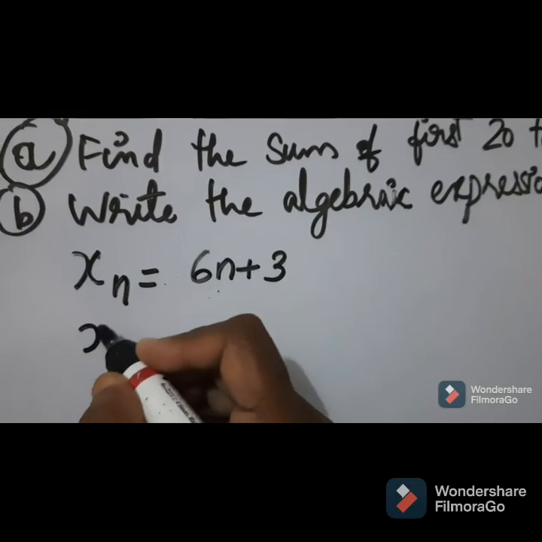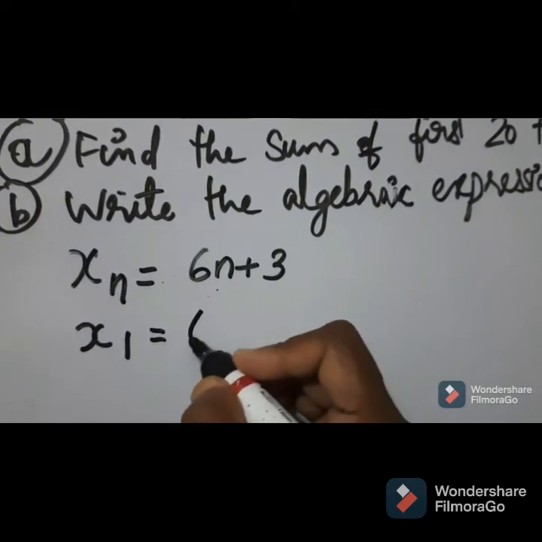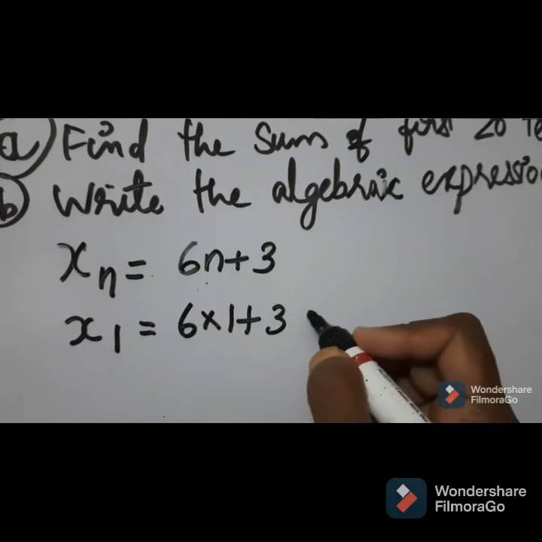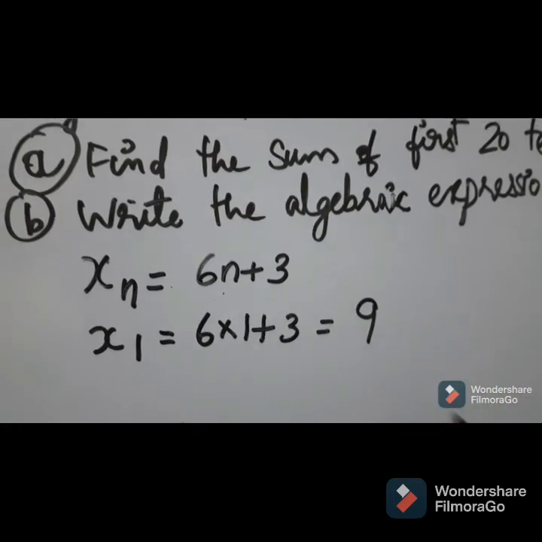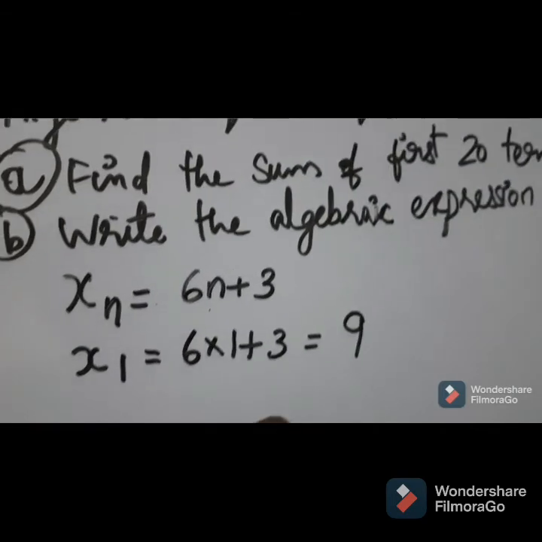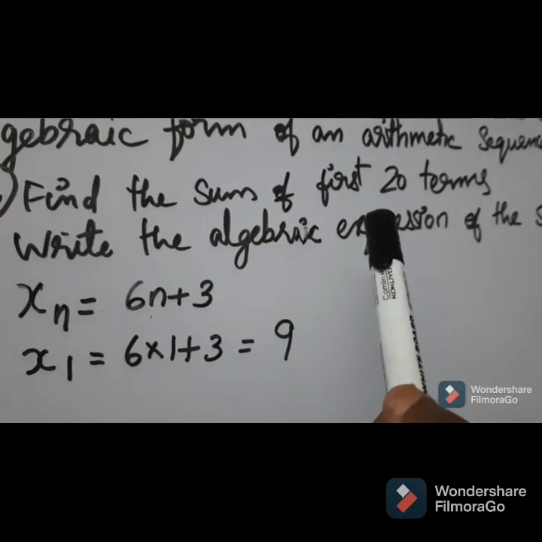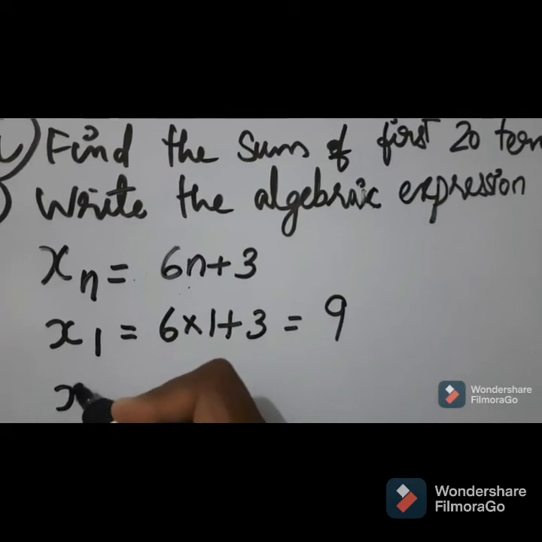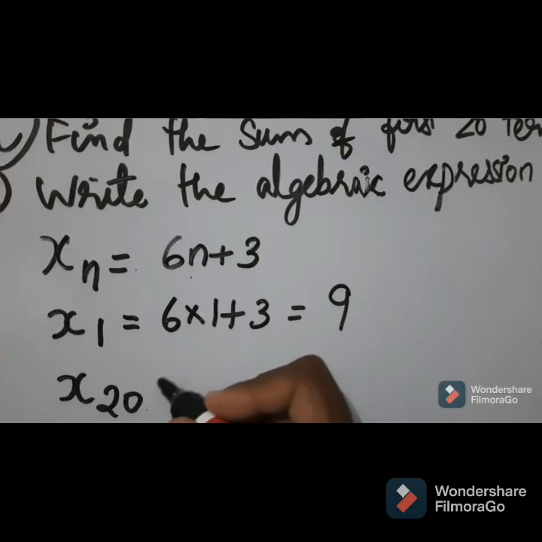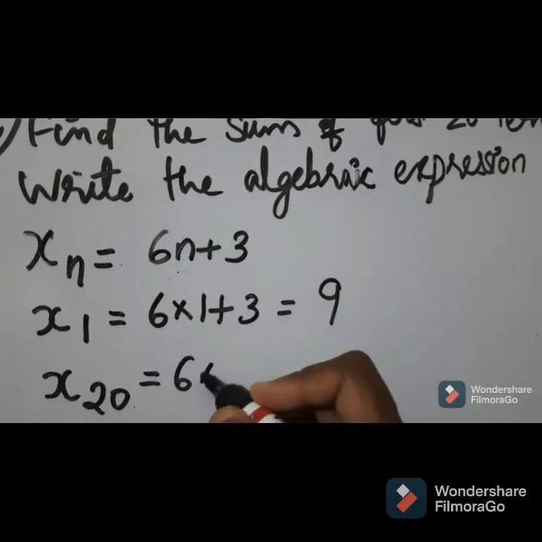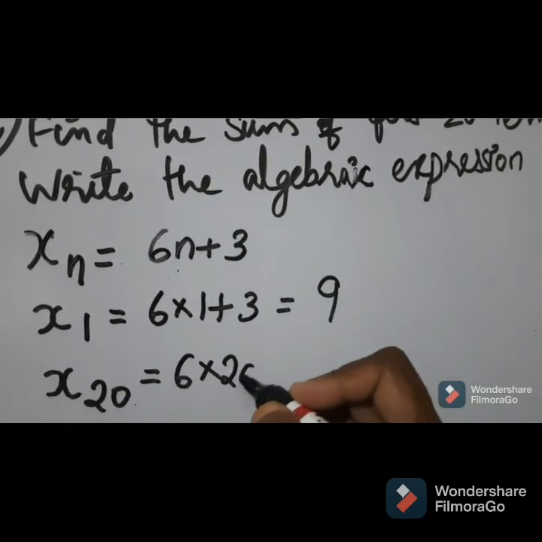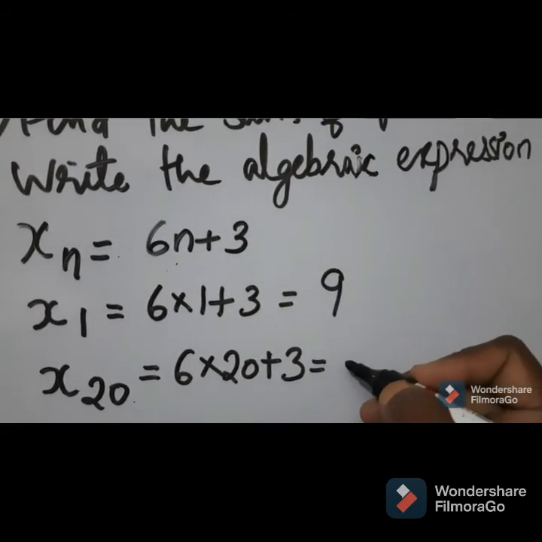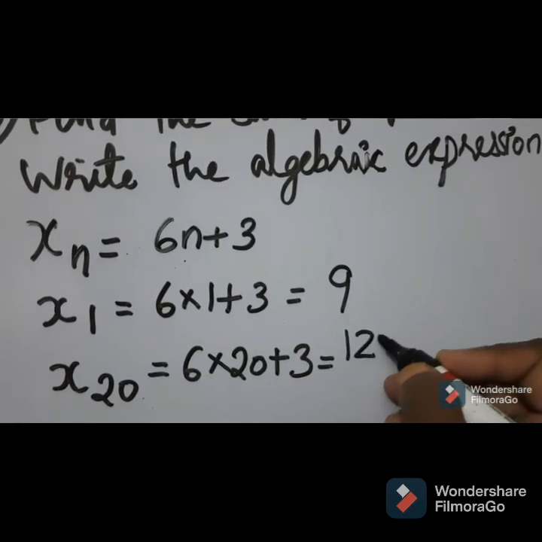So what is the first term? X1 equal to 6 into 1 plus 3, you will get 9. First term is 9. Then they are asking to find the sum of the first 20 terms. So what is the 20th term? X20 is equal to 6 into n, that is 20, plus 3, that is 120 plus 3, it will come 123.